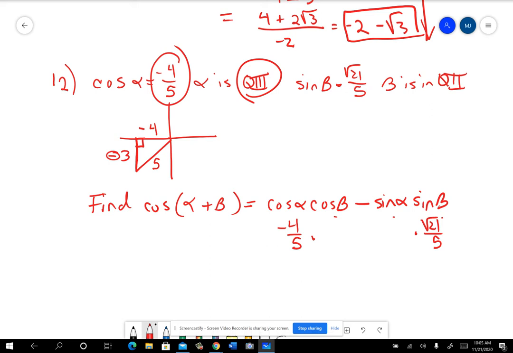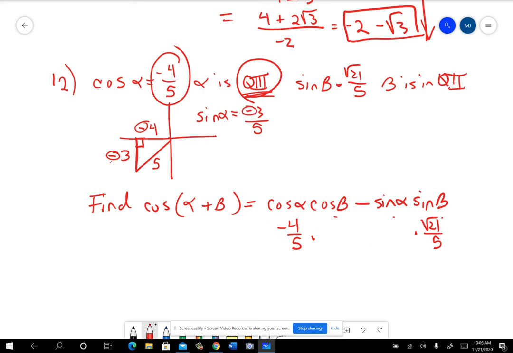And so once I have that picture, then I can go in and get the other things I need. So I needed the sine. Now I know that the sine of alpha, based on that, would be -3/5. Do you see how if you didn't have the negative on the 3, then you might mess up? If you don't put your signs here, then you have to think about, I'm in quadrant 3, so the sign would be negative.